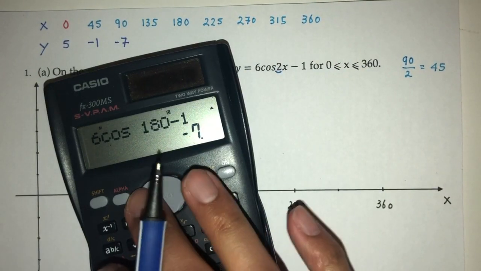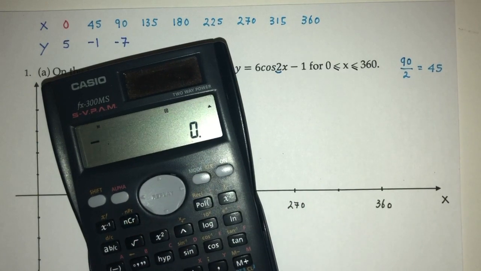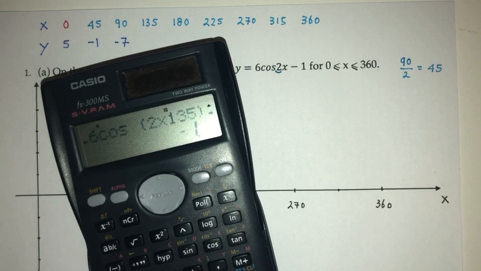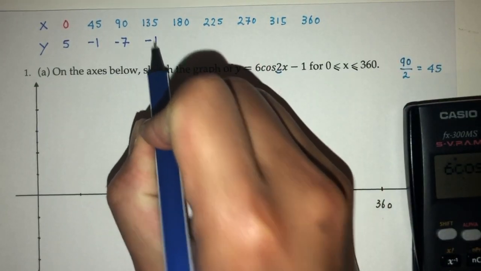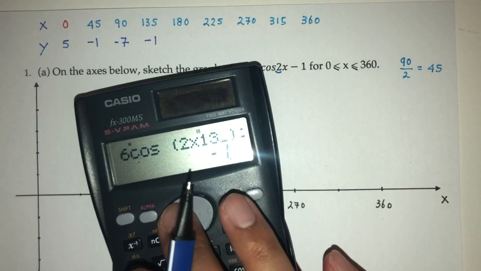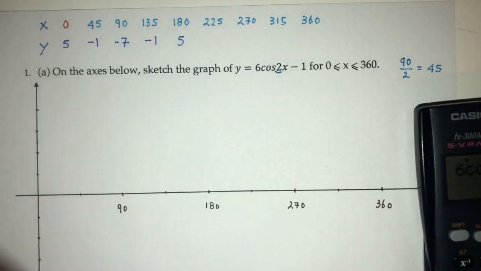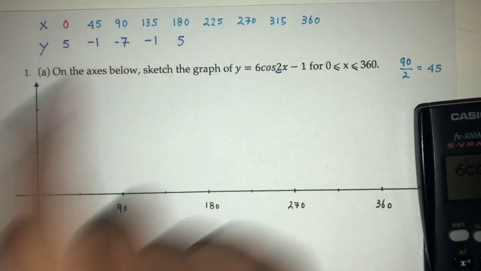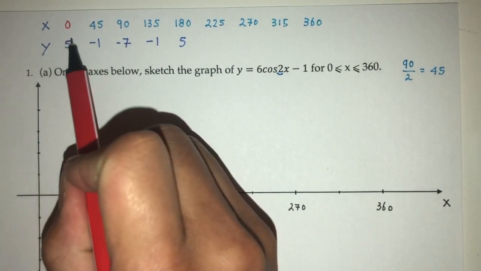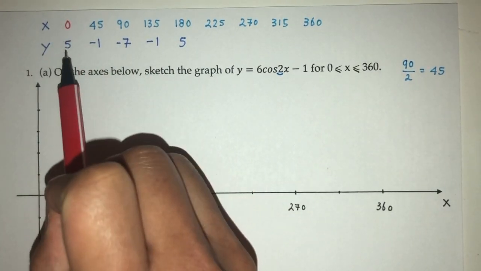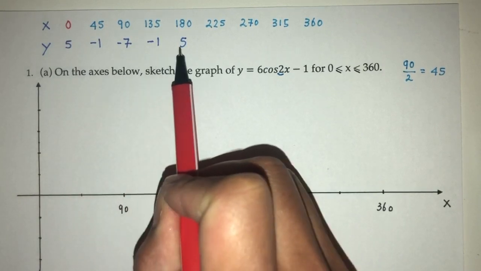And we have 135 now, 6 cos 2 times 135 minus 1, that should be minus 1. And we have 180, let's see what happens, that should be 5. As you can see, based on these few values, we begin at the value of 5, and then we again pass through the value of 5.